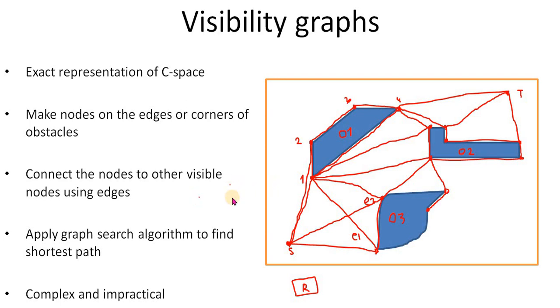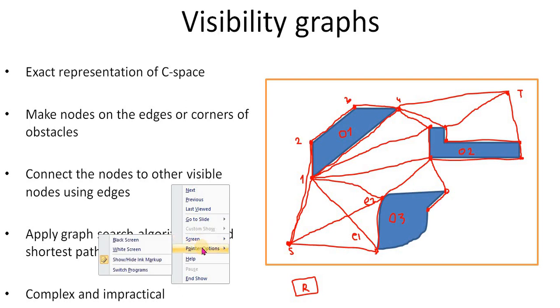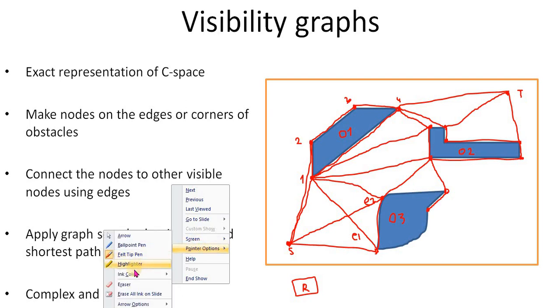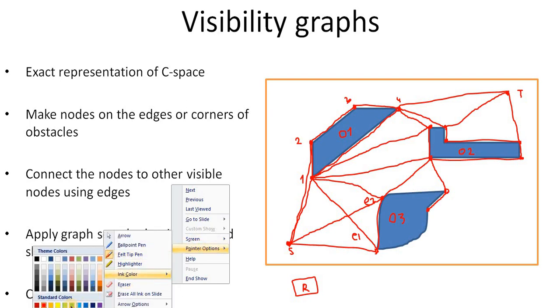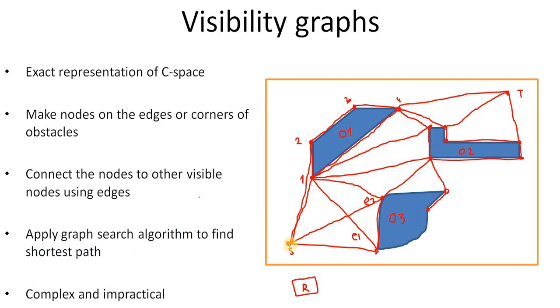So when you apply, let's say, Dijkstra's algorithm, what will happen here is that Dijkstra's algorithm will try to find the shortest path, and it will start moving maybe here, and then here, and then here, and then here, and then finally reach the target. So this is another method for path planning.